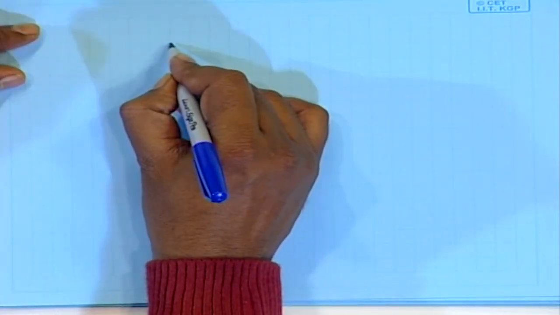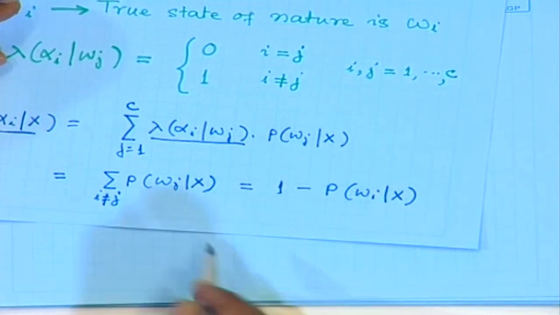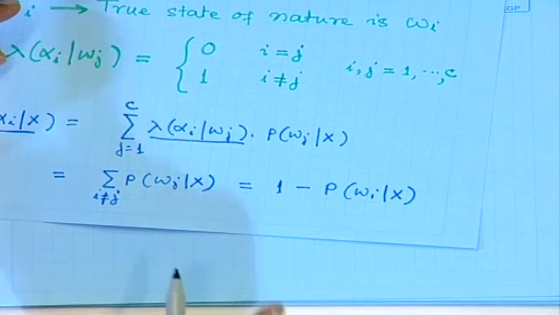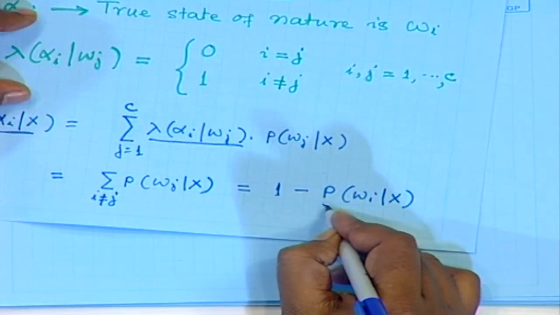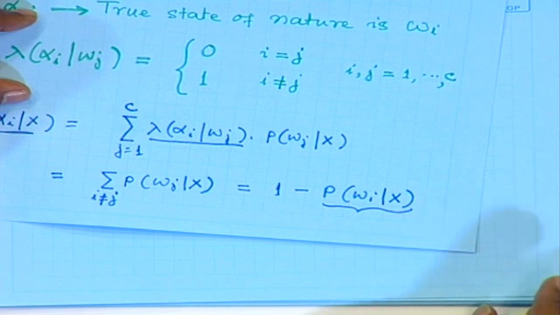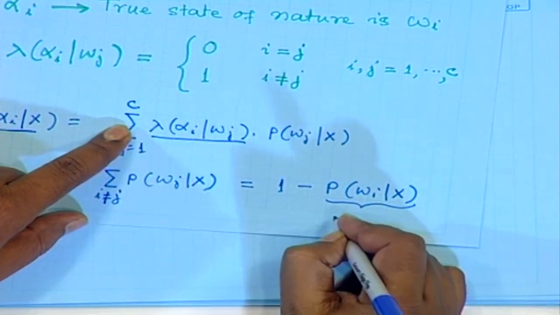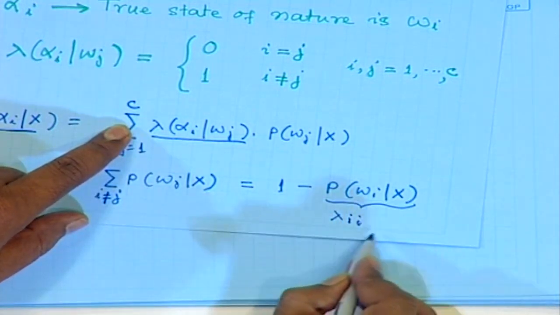In the previous summation, for i equal to j, that particular term will be 0. For i equal to j, this probability p of omega i given x is not 0, but it is to be multiplied by lambda alpha i given omega i, which is 0.